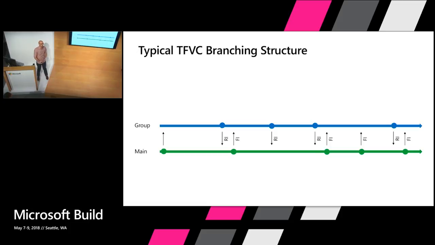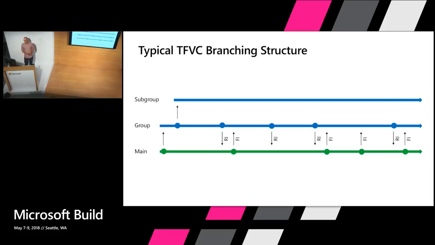And we were so enamored with this branching strategy that within the VSTS team, we would create another set of branches. So my team, maybe the version control team, would create a branch off of our TFS and VSTS branch. And we would do the same sort of integration schedule.